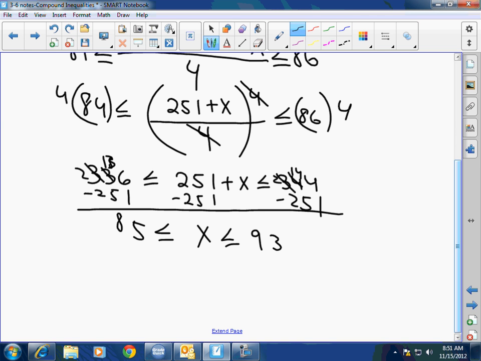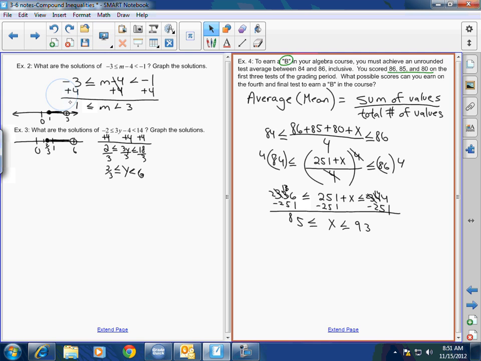So he or she can get a test. No, not can. In order to keep a B, has to get between an 85 and a 93. If they get an 84.5, they don't get it. If they get above a 93, they'll get above a B average. But to stay within the B average, that's what they have to earn. Does that make sense?